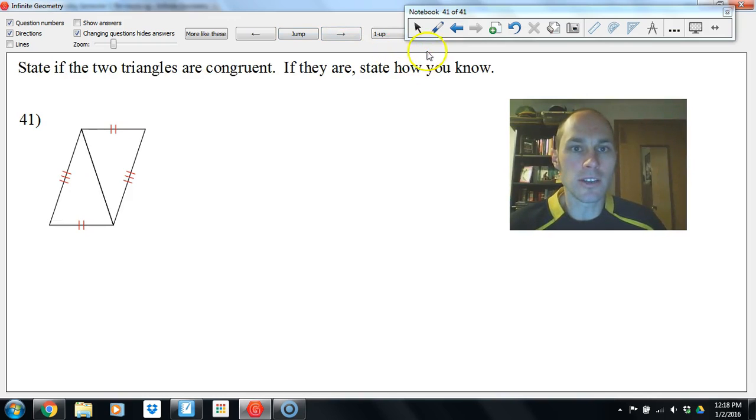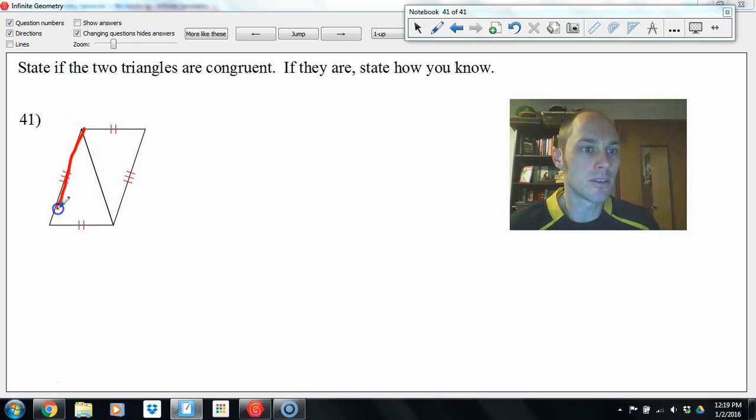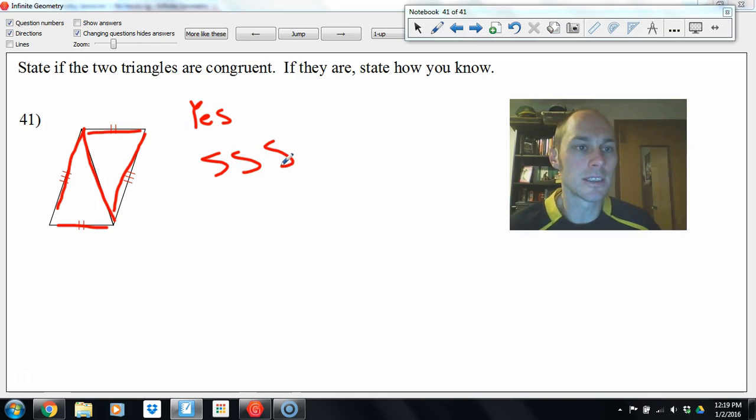Let's tell if these triangles are congruent. So the only information we have is that this side is congruent to this side, and this side is congruent to this side. We know by the reflexive property they share a third side. So you'd say yes, they are congruent. How do I know? Side, side, side congruence lets us know.